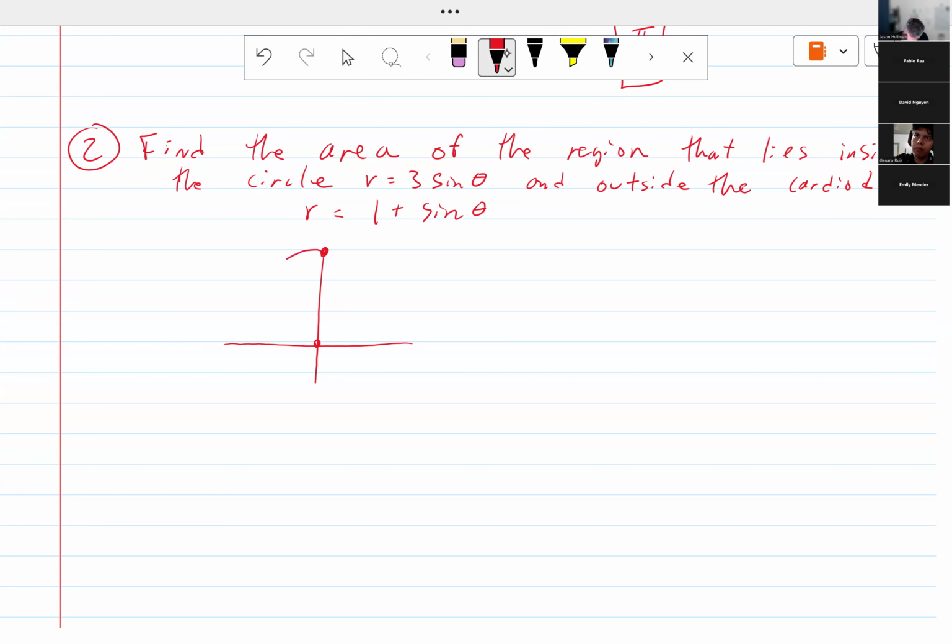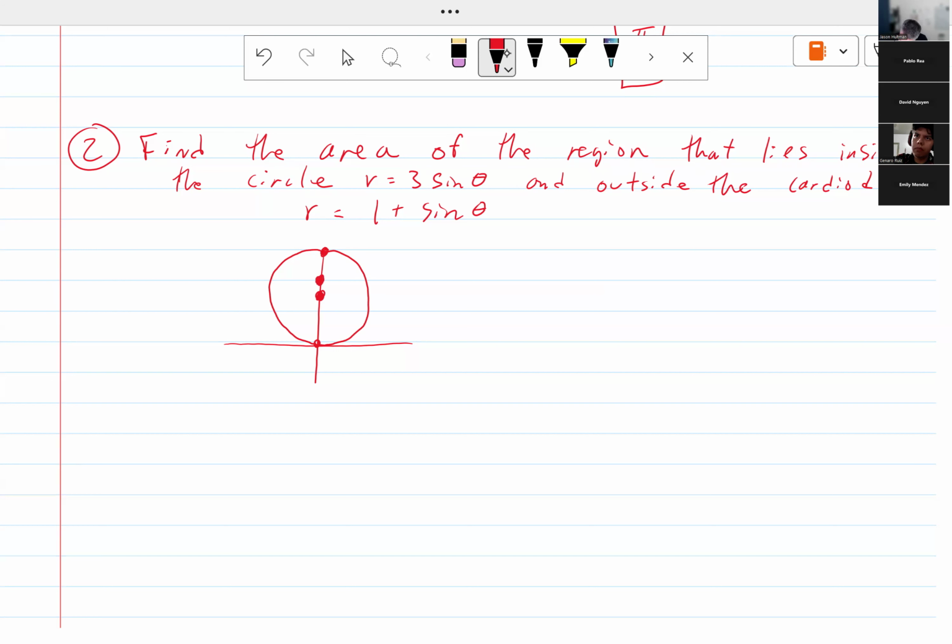So it looks like this. That's my circle of diameter 3, radius 3/2, or 1.5. The cardioid will actually go up to 2.